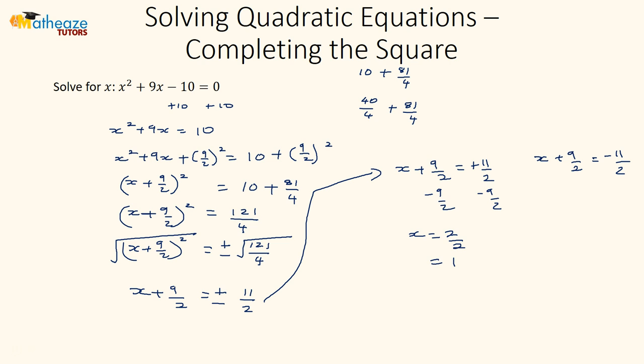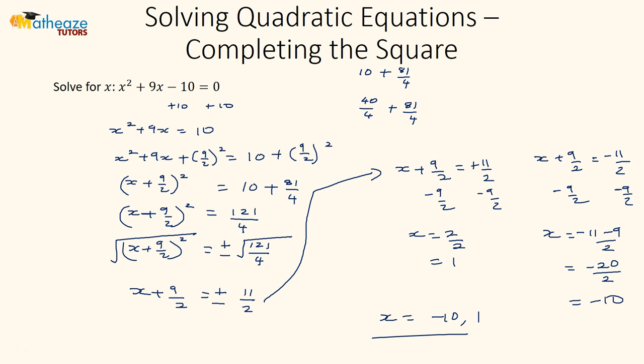And in this case, we subtract 9/2 from both sides. So x is equal to negative 11 minus 9 over 2, which is going to give us negative 20/2, which is negative 10. So the values of x are going to be negative 10 and 1.